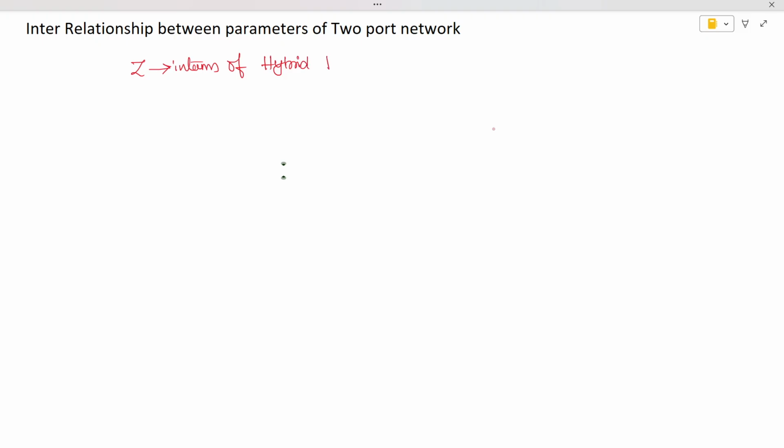This is very simple, you just have to understand. The first one is Z in terms of H parameters. First write down the Z and H parameters. So we have the equation V1, V2 equals Z11, Z12, Z21 as well as Z22 multiplied with I1, I2.